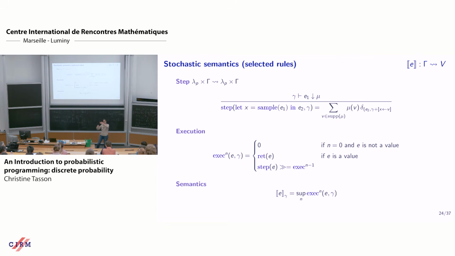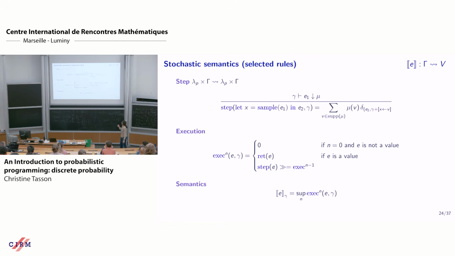I take the bind of my subprobabilistic monad, and I get a new probability distribution over expressions and environments. And I do it again and again till I get only values. Okay? So because you are taking different probabilistic branches in your evaluation, that means that some branches may finish before the other ones. So when a branch is finalized, I stop here and I stay in the state. And the other ones, I continue to evaluate them. This is the meaning of this execution.